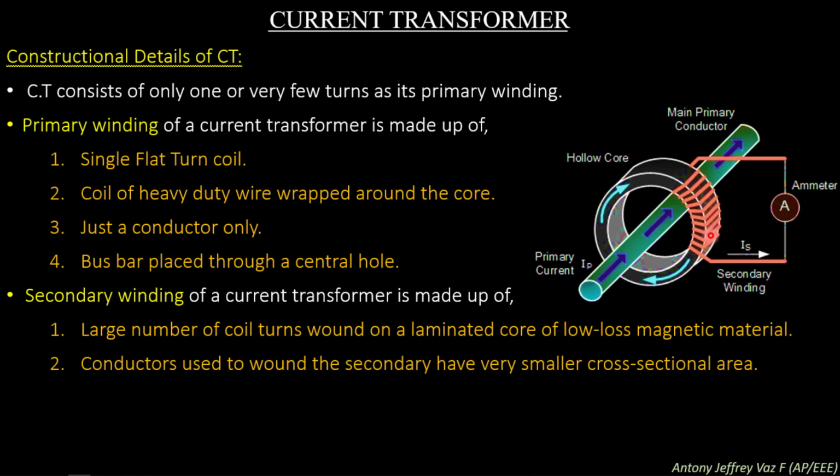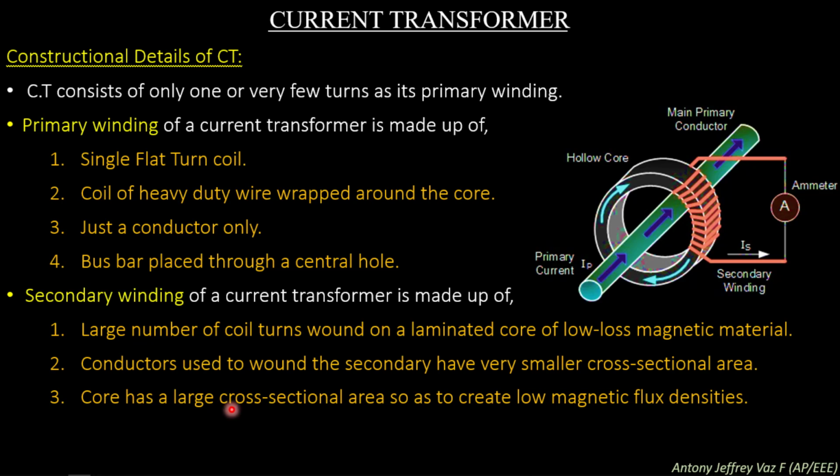The conductors used to wind the secondary windings have a very small cross-sectional area. This means the secondary conductors are wound using a very thin copper wire. The core has a large cross-sectional area so as to create low magnetic flux densities.